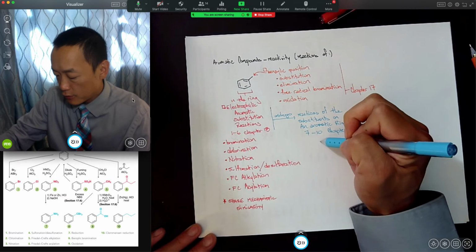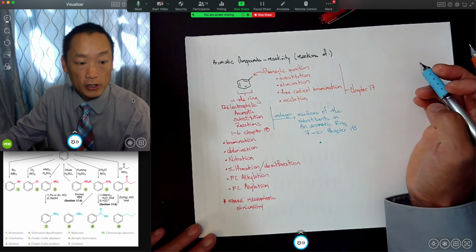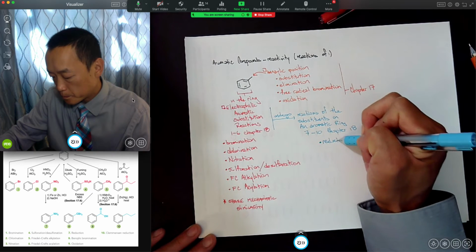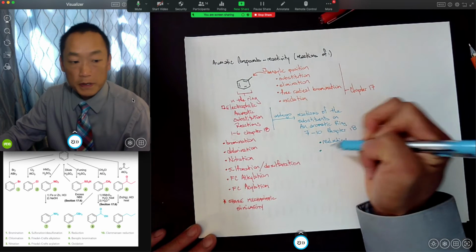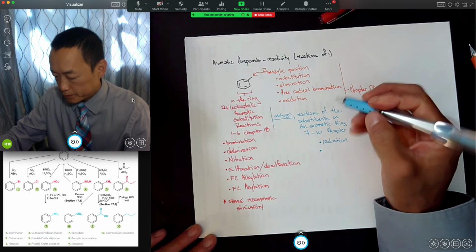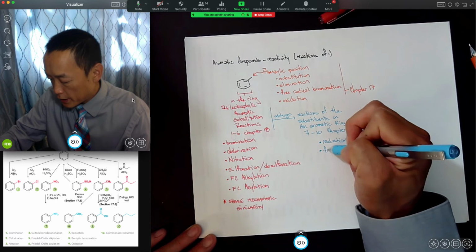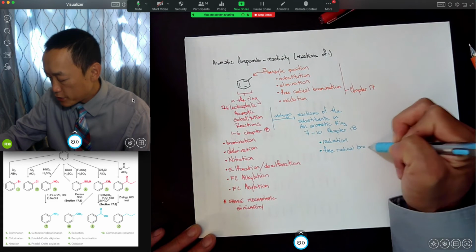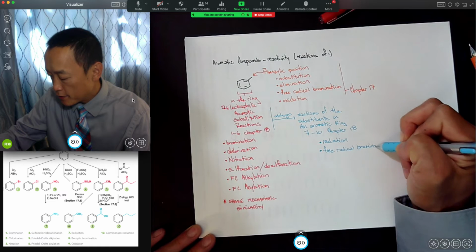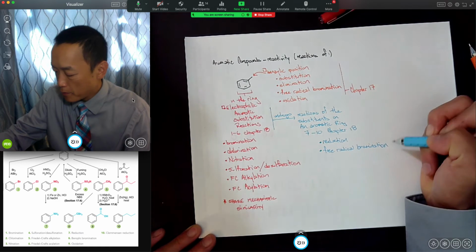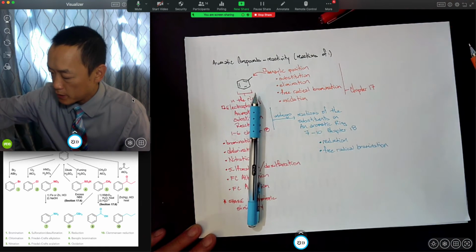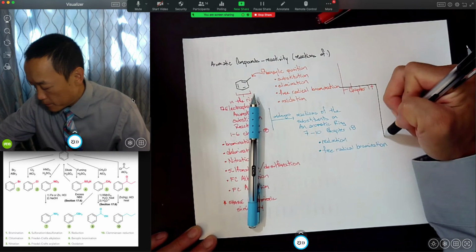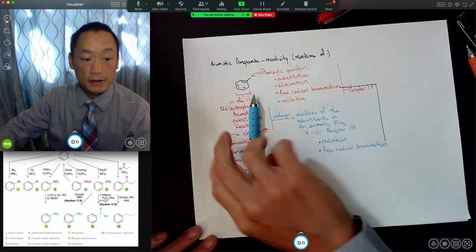And then the reactions over here that fall under this category: reduction reactions, turning a nitro group into an amine group, free radical bromination. Hey, from the Department of Redundancy Department, certainly some overlap in that area.